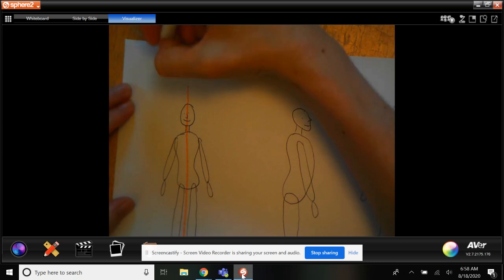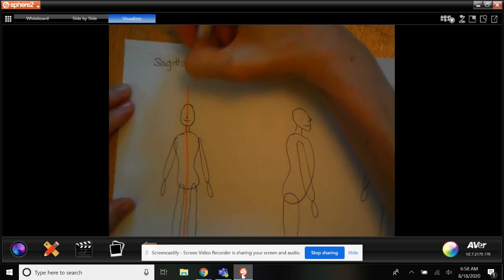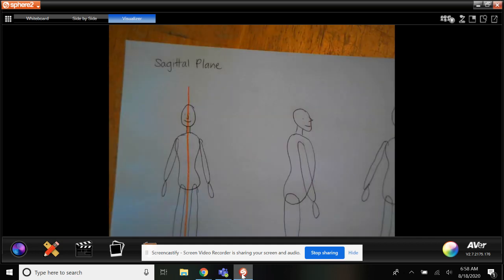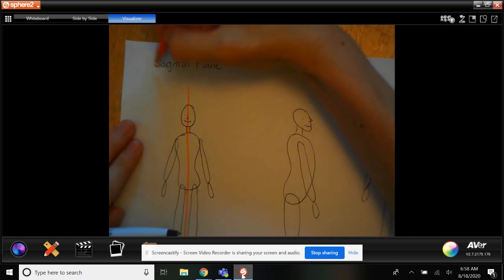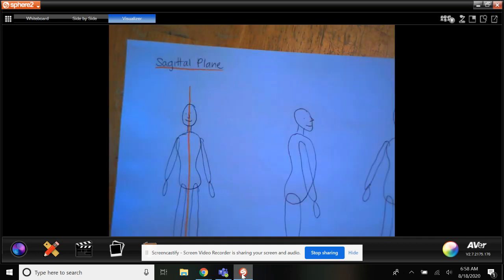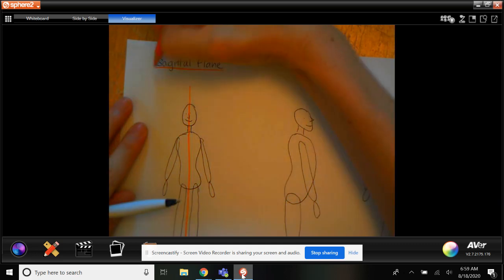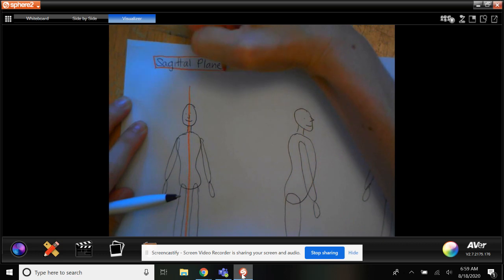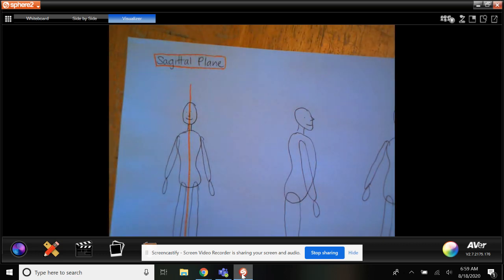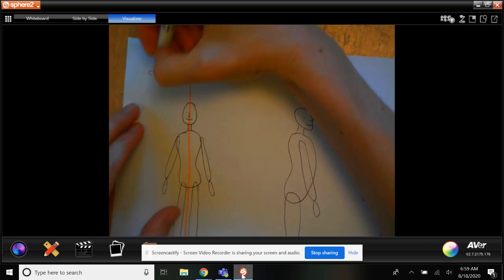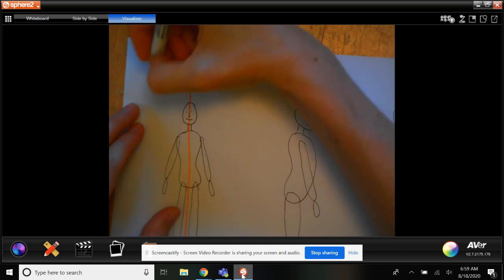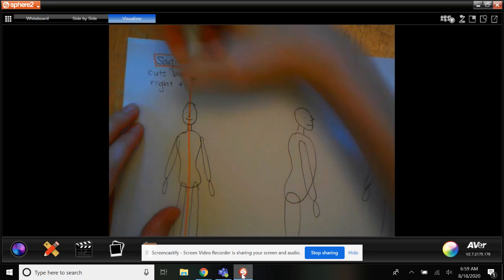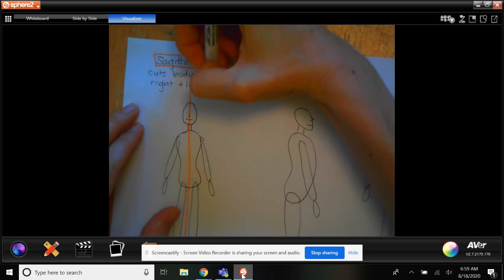And this is called the sagittal plane. I'm just going to kind of use this to color code what's what. Okay, so the sagittal plane cuts the body into right and left sections.